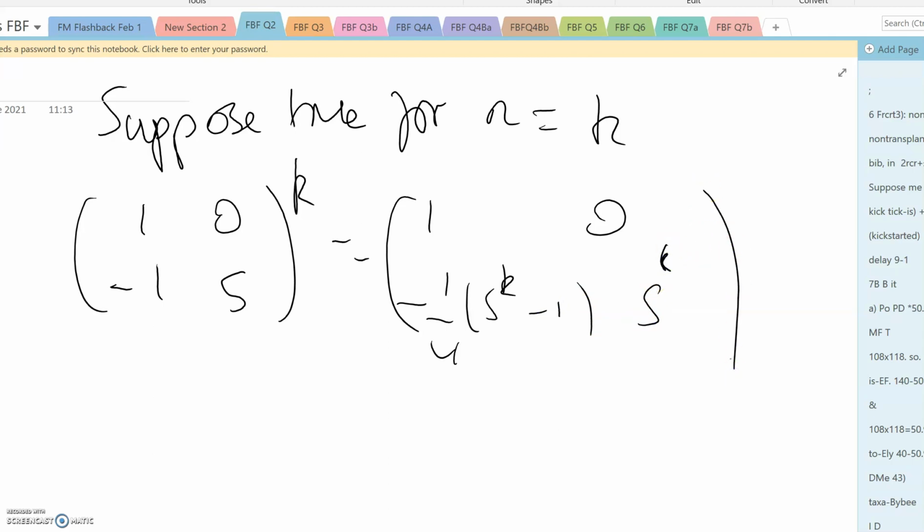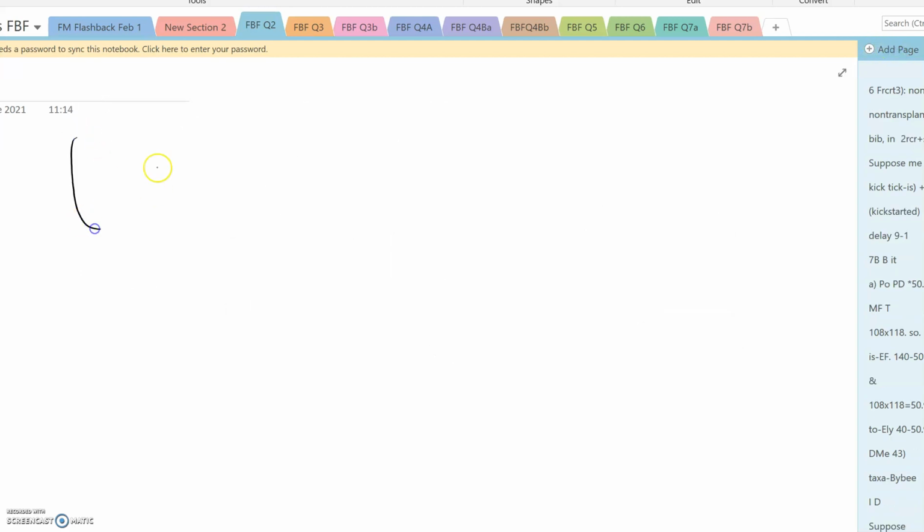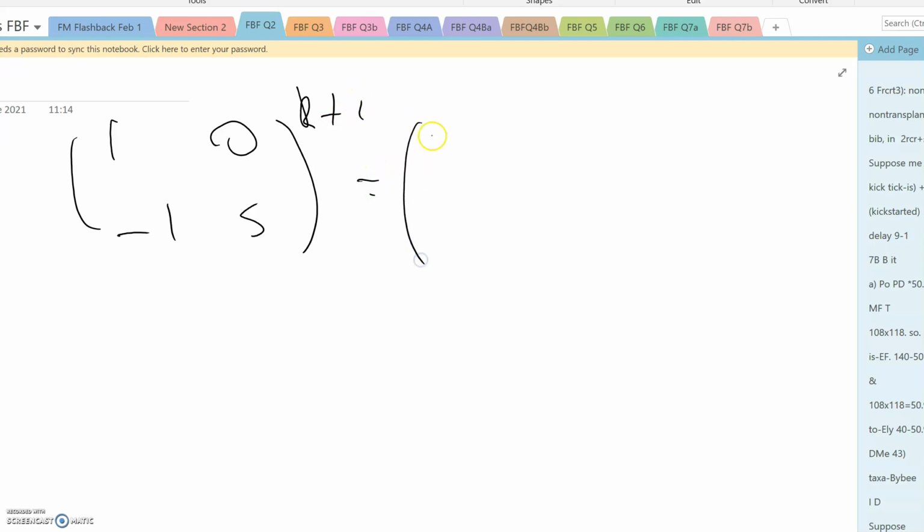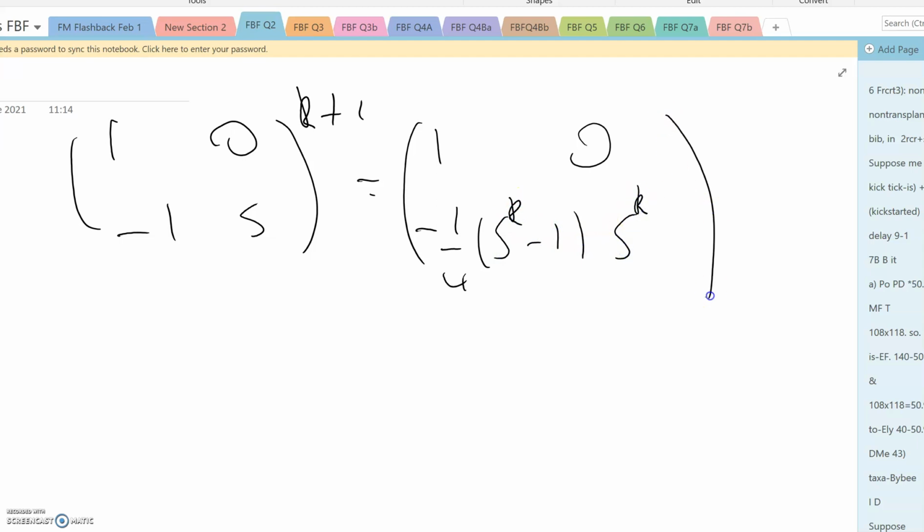But that would mean that the matrix to the k plus 1 is the result we've already got for the matrix to the power of k, multiplied by a further (1, 0; minus 1, 5).